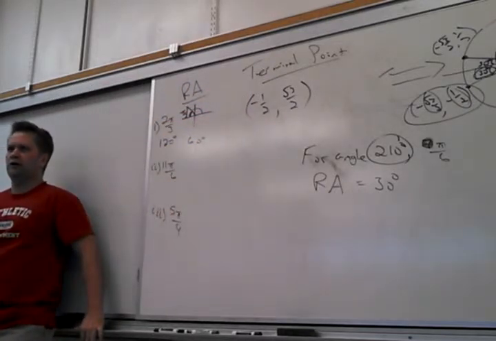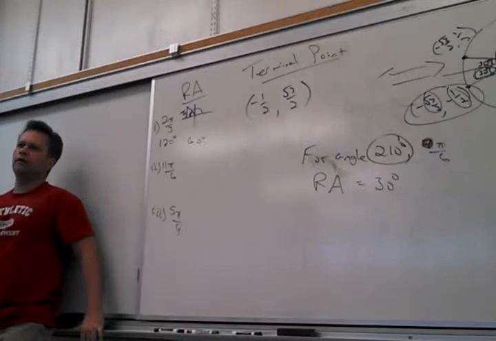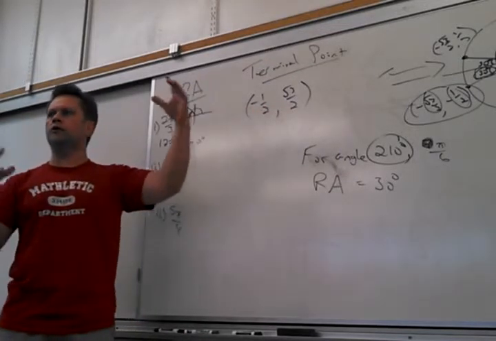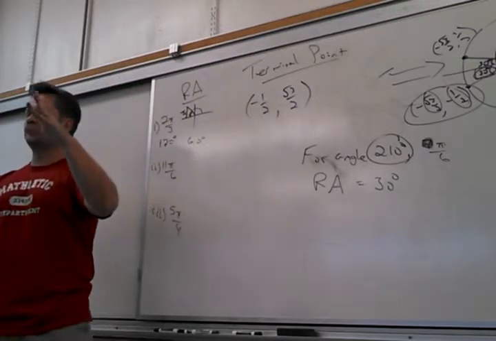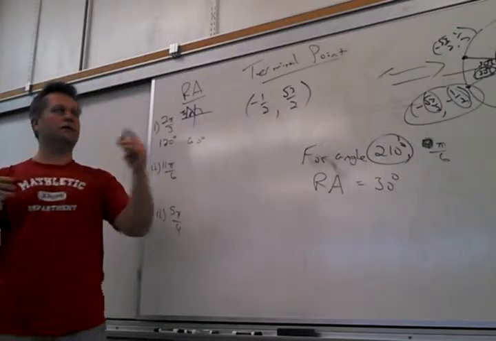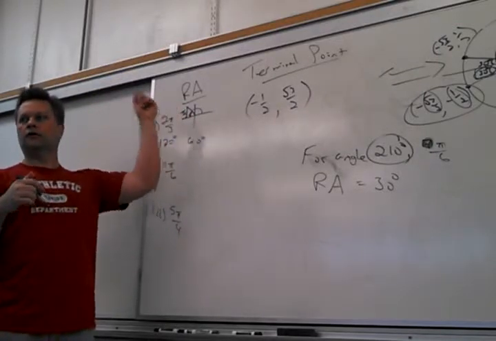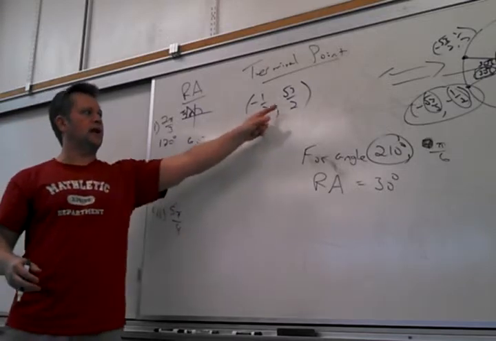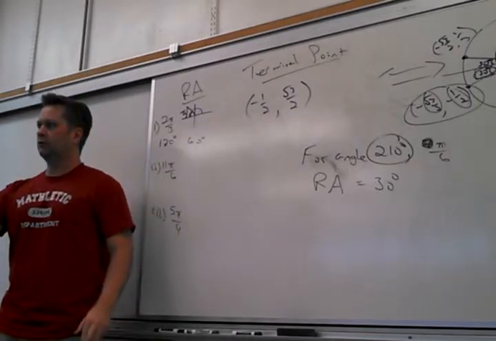Let me stop there for a minute. And never forget what's true about these together, what they always have to do together. Where do they come from? What do they sit on? The unit circle. So what do these have to always do?